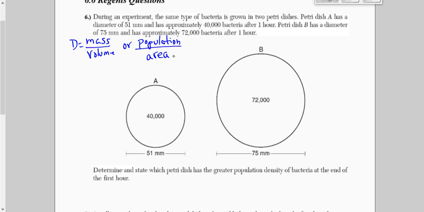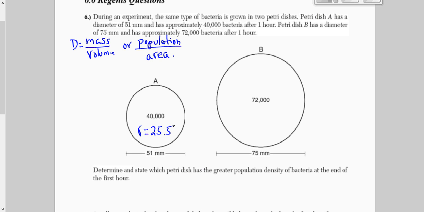If you read that, you see they gave you a couple of circles, and the population of bacteria in each one. I'm guessing you'll need to find the area. So take a moment and see what you can do with this one. Let's find the area for circle A, and then get the density for circle A, and then do the same thing for B over on the other side of the page. First thing we need is a radius for circle A. The diameter is 51, so that would make the radius 25.5.